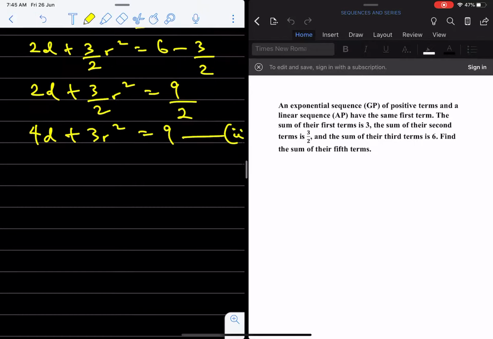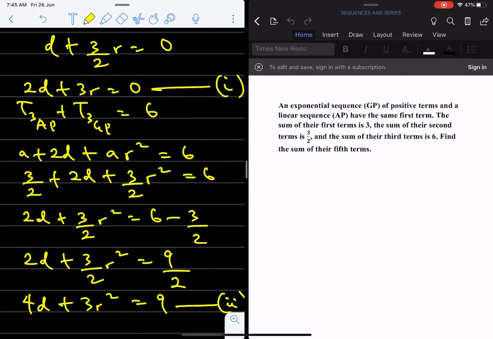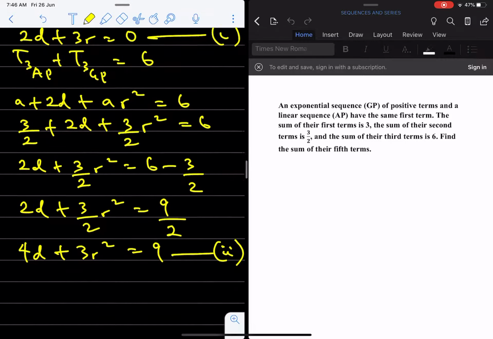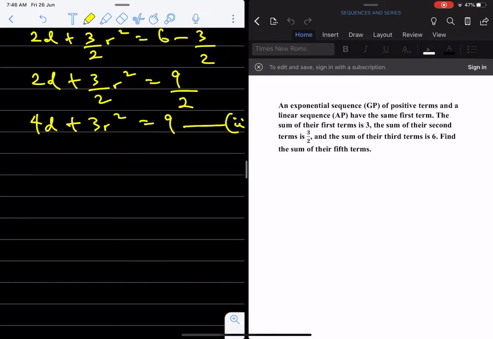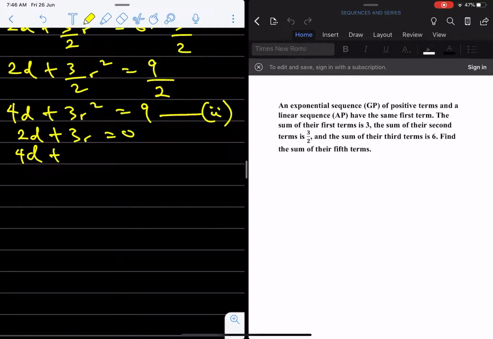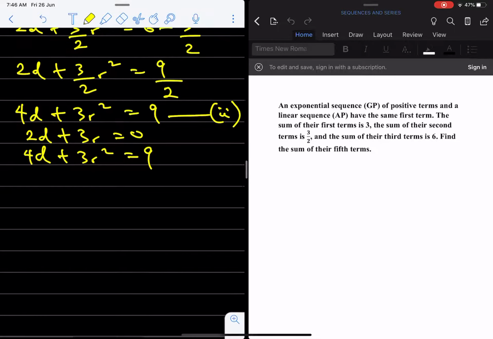Now, solving equations 1 and 2 simultaneously. Equation 1 is 2D plus 3R equals 0, and equation 2 is 4D plus 3R squared equals 9. How do I solve that?